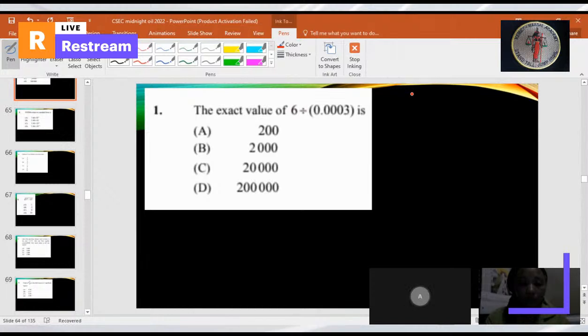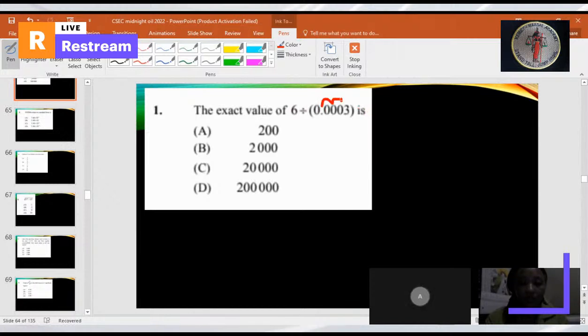So what we have to do is say 6 multiplied by what? We would want to get 3 to be a whole number. So we multiply it by 10,000 to make it a whole number.